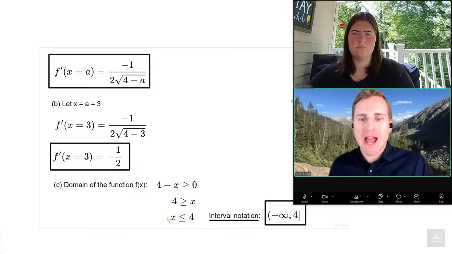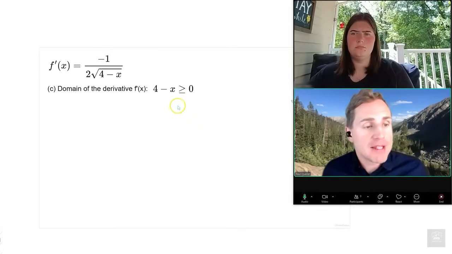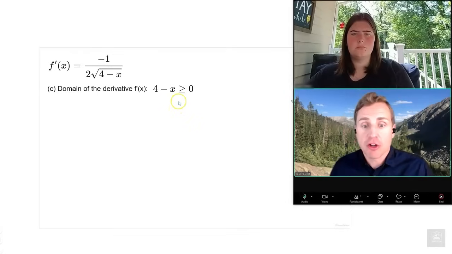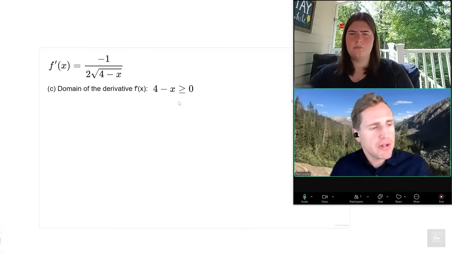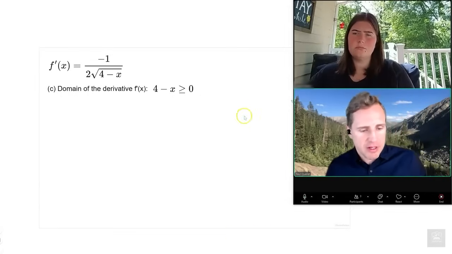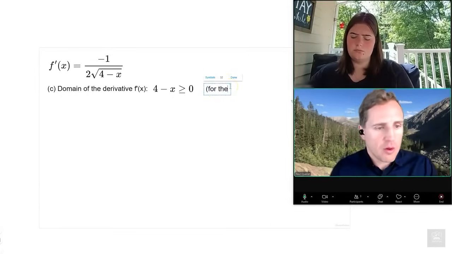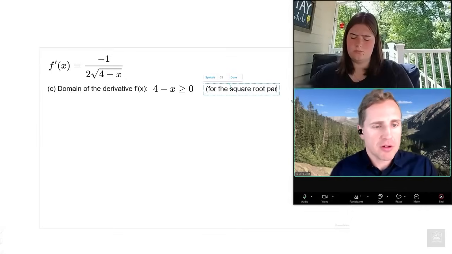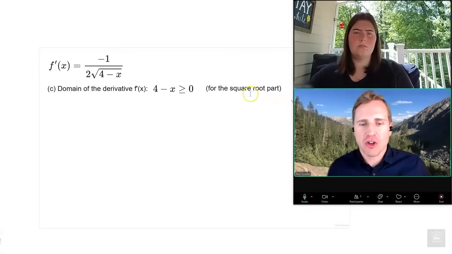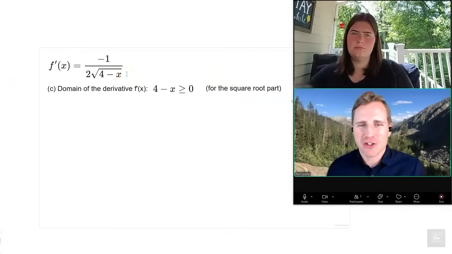In other words, must the radicand be greater than or equal to 0? 4 minus x greater than or equal to 0 is definitely true for the derivative as it relates to the square root part, right? Okay, so for the square root part. However, do we have an additional piece, in other words, possible domain restriction, because we've created a fraction?